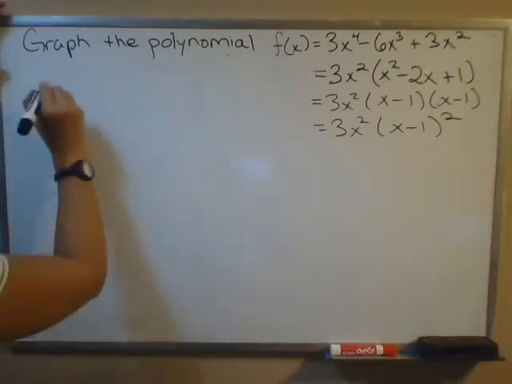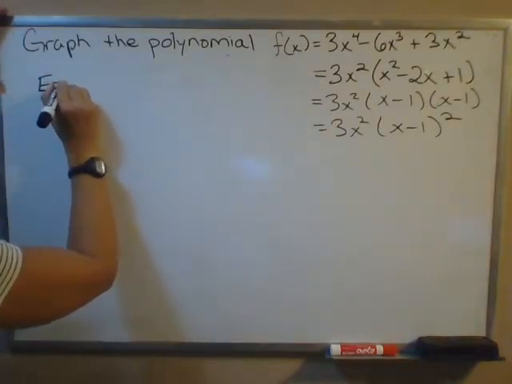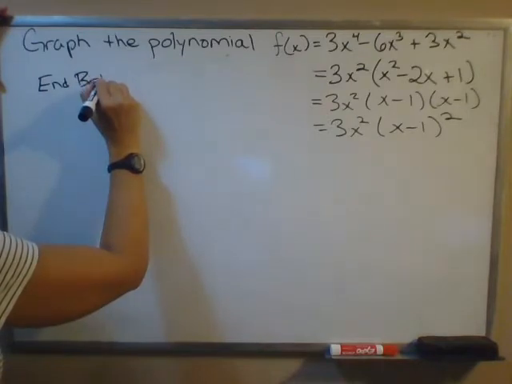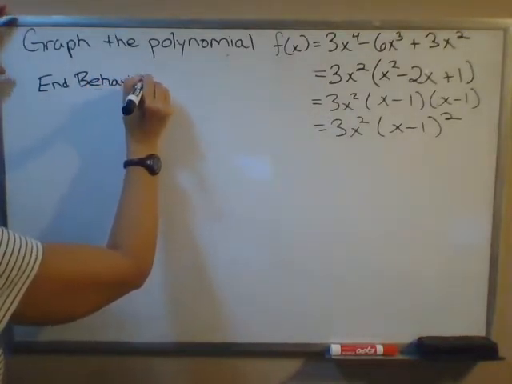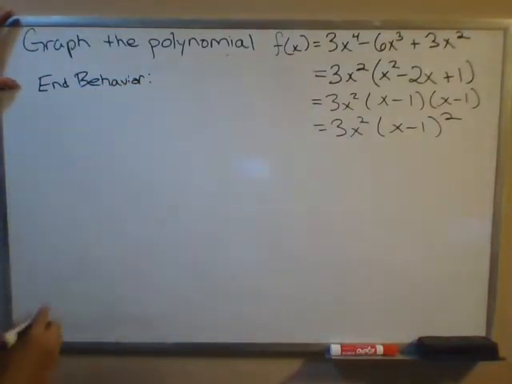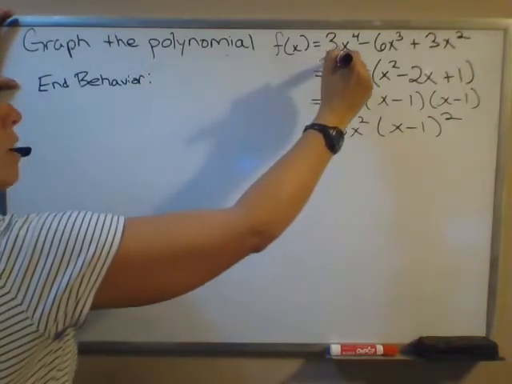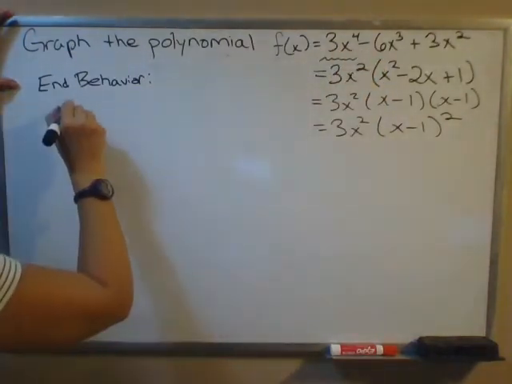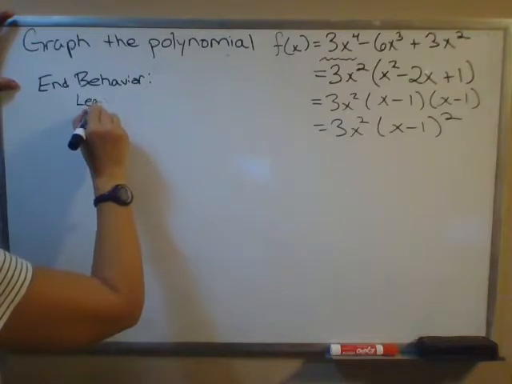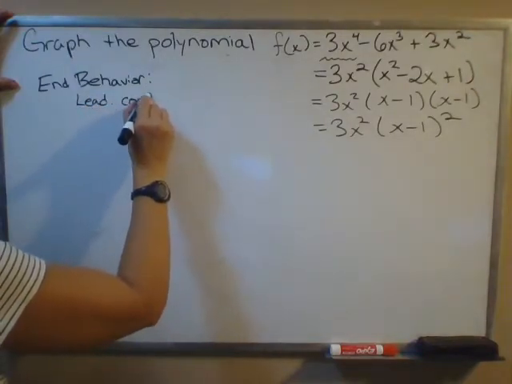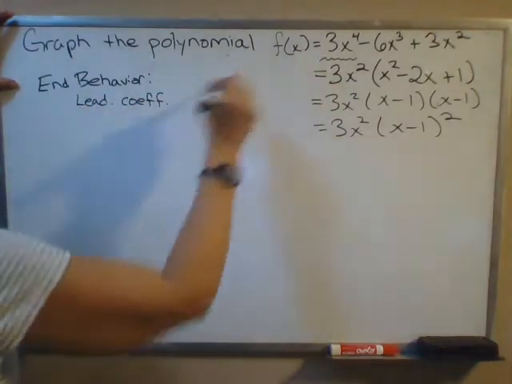Now when we're drawing the graph, we want to note the end behavior, the zeros and their multiplicities. So end behavior. Well, if the leading term here is 3x to the 4th, then we know that the leading coefficient is +3.